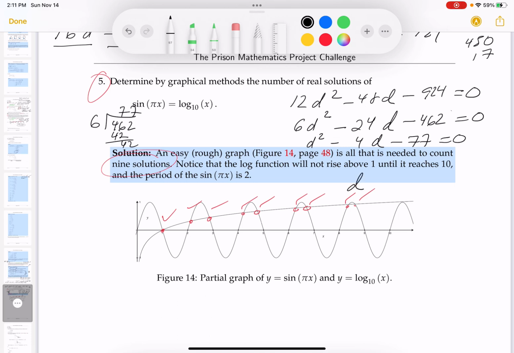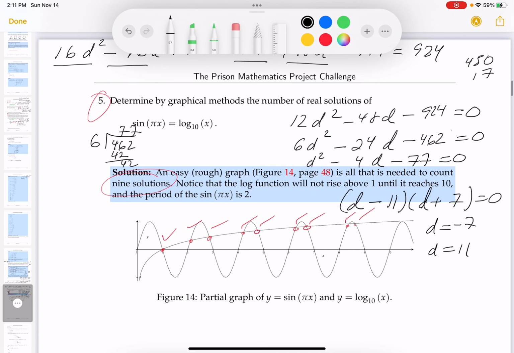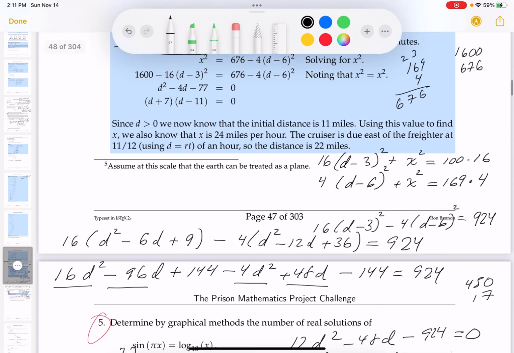And you get D, 7 and 11. Let's see, I'd say minus 11 plus 7. So D equals, what does D equal? Minus 7 or D equals 11? Now, I hope you realize that D can't be minus 7. D is 11. So what are you going to do with that?